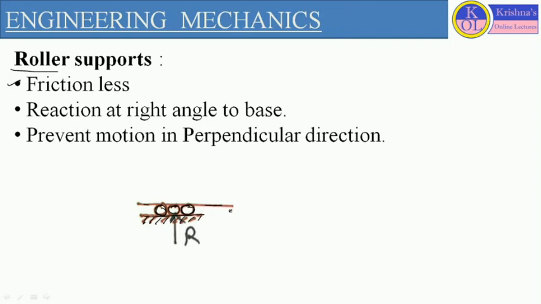So this roller support is restricting the perpendicular motion of the frame. Translation can be possible in this direction or in this direction because of the position of the roller, but it is restricting the motion in the perpendicular direction. So in this particular direction no motion can happen because of this roller support.